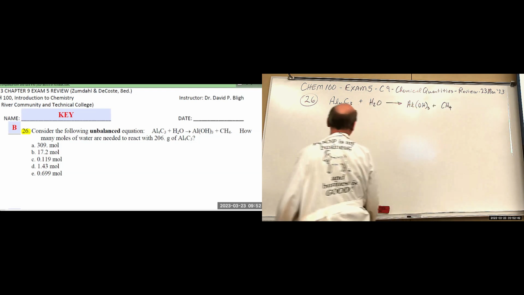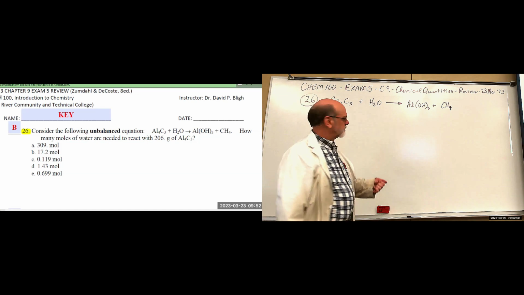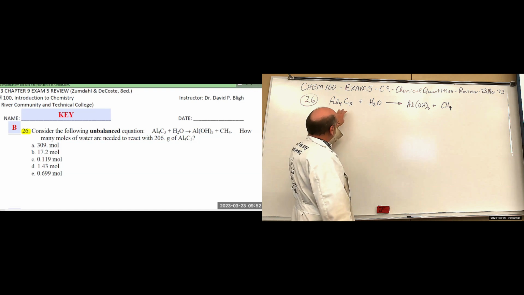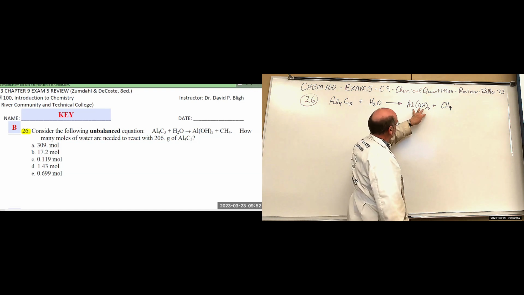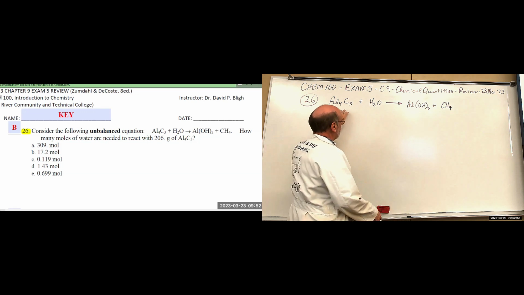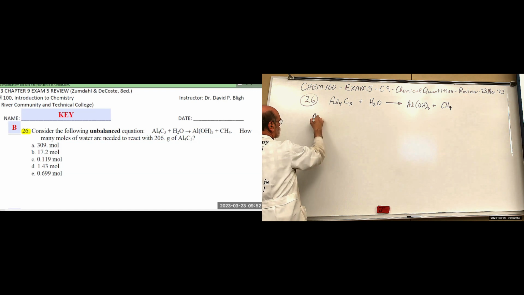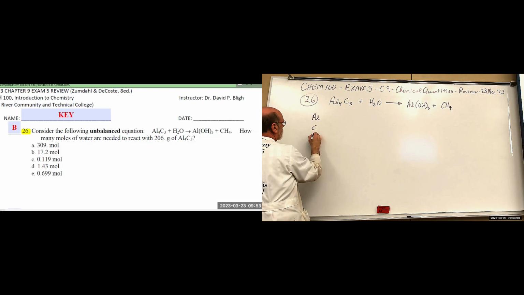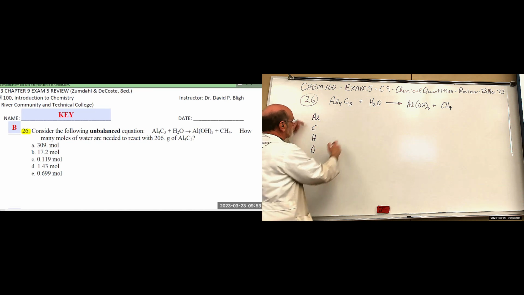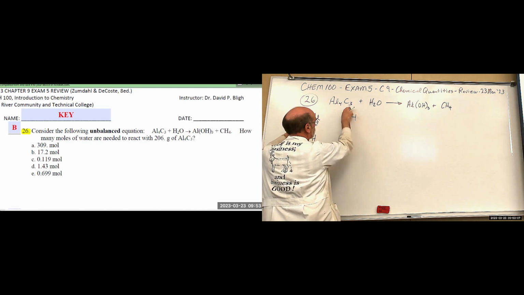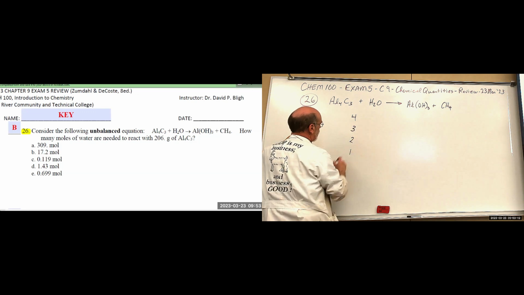Okay, so now we have to balance it. I think we ought to use the budget simply because we've got this polyatomic ion here, and we've got these complexities here. I think it'll be safer to use a budget. So we've got aluminum, carbon, hydrogen, and oxygen as our elements. On this side, we have 4 aluminum, 3 carbon, 2 hydrogen, and 1 oxygen.